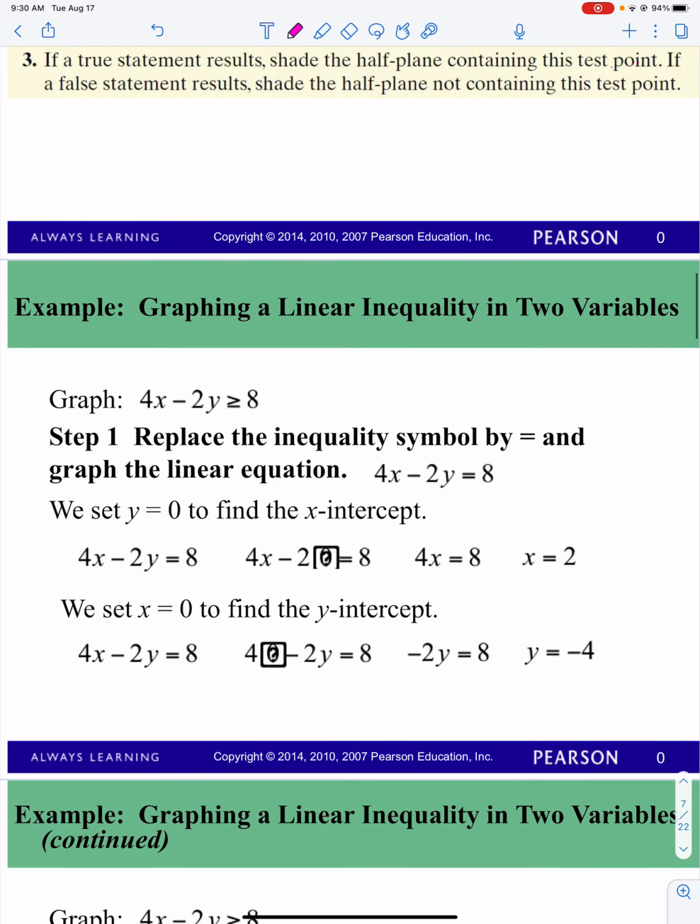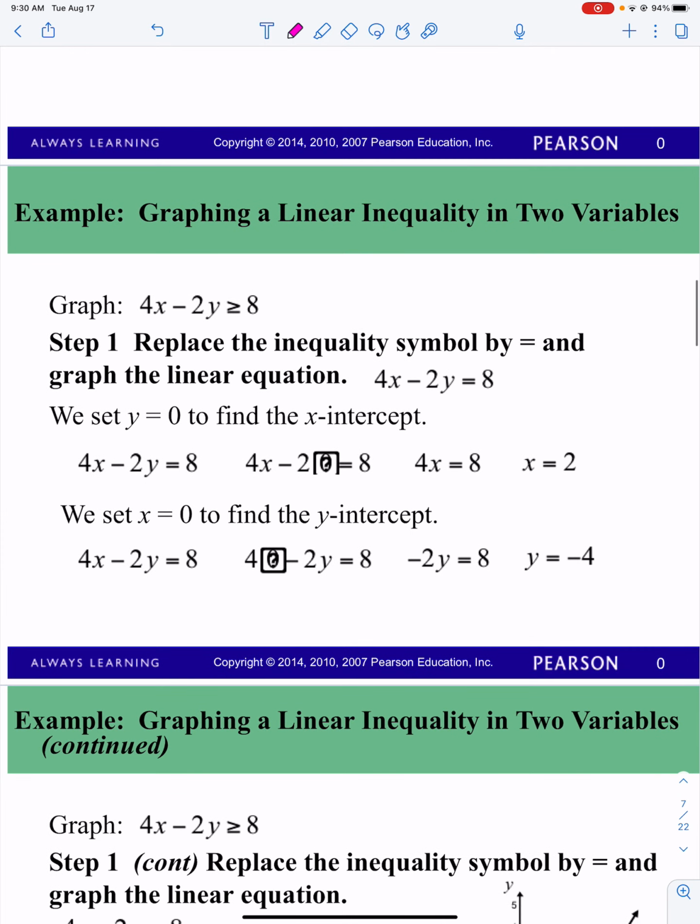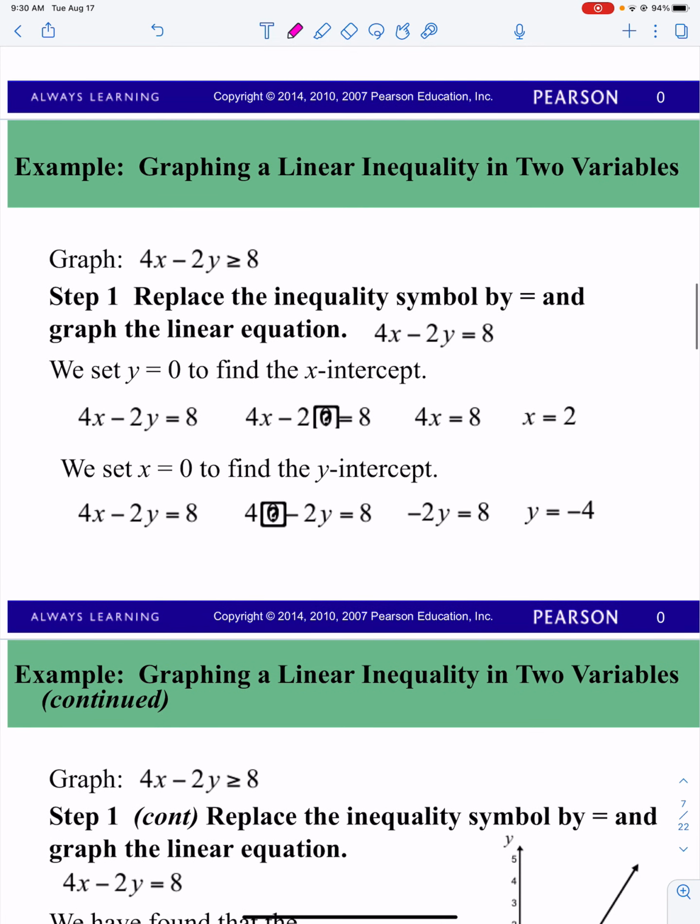So what should we do with this one? 4x minus 2y bigger than or equal to 8. So 4x minus 2y equal to 8. Graph the equality first, and you can find the x-intercept and the y-intercept.